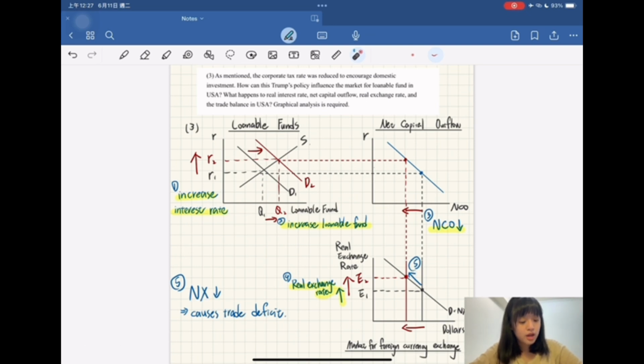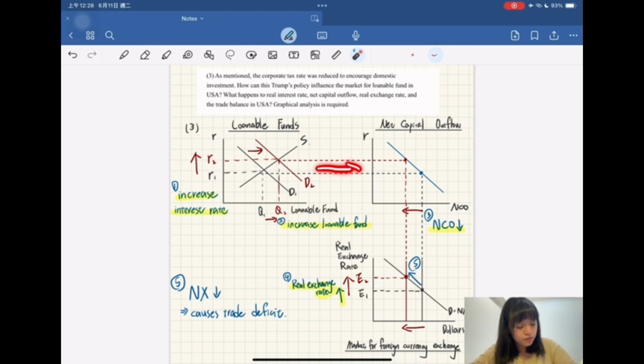Because Trump is encouraging domestic investments, the demand for loanable funds will increase. And because the demand curve shifts right, it will increase the interest rate, moving to R2, and the amount of loanable funds will increase from Q1 to Q2.